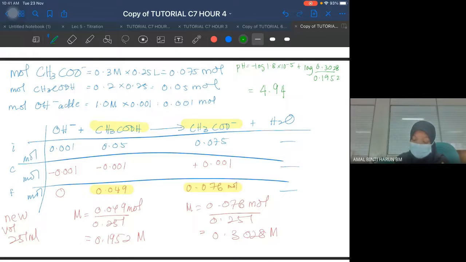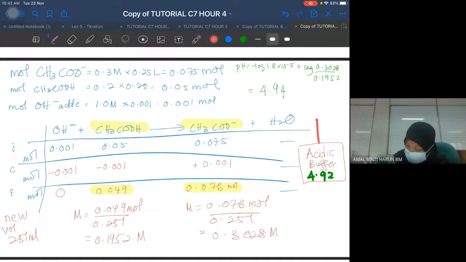Okay, so tadi initial dia adalah 4.92. Okay, so the acidic buffer, mula-mula dia adalah 4.92. Kalau kita tambah base, dia jadi 4.94.